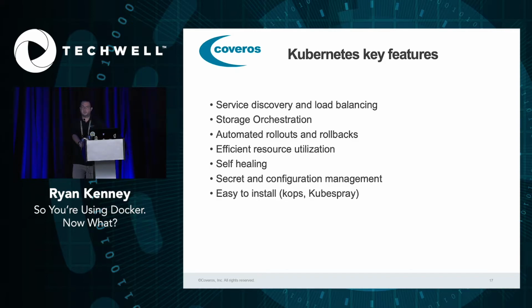Resource utilization. So we talked about how Docker and containers make resource utilization a lot more efficient, but with Kubernetes, we're doing it at scale. So we're now talking about a cluster of hosts running Docker.